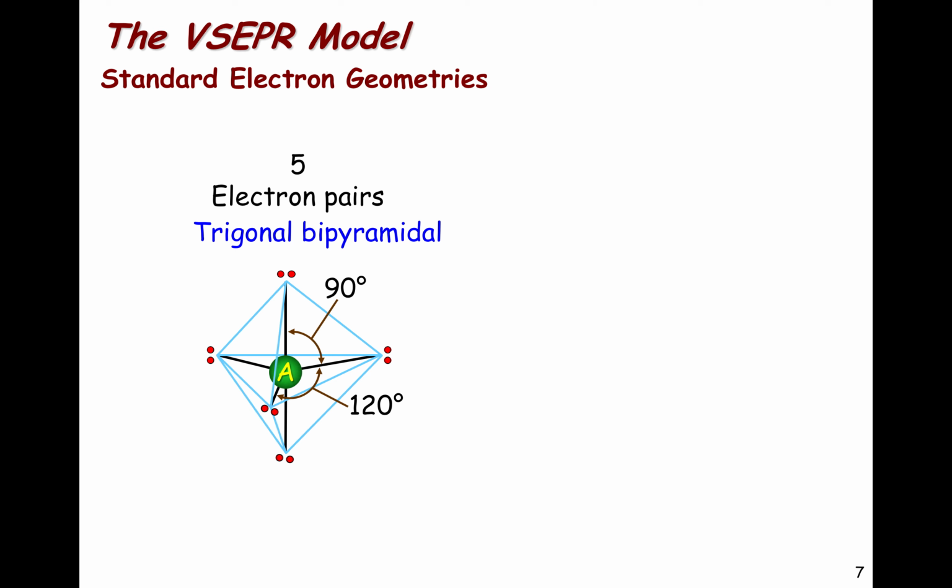This is a combination of an equilateral triangle and then having two pyramids sitting right on top of one another. And so in fact there turns out to be two different kinds of angles in this structure. There are the 120 degree angles that are part of the equilateral triangle, and then there are 90 degree angles that occur between the so-called axial positions and those triangles.